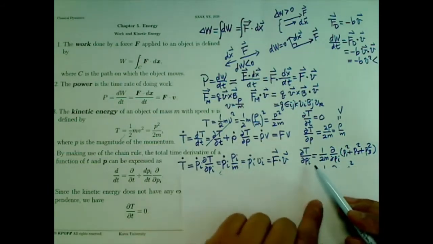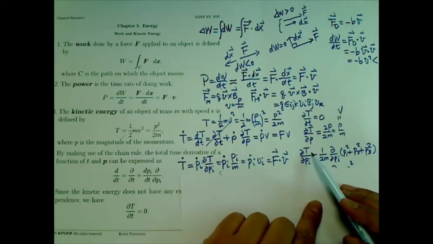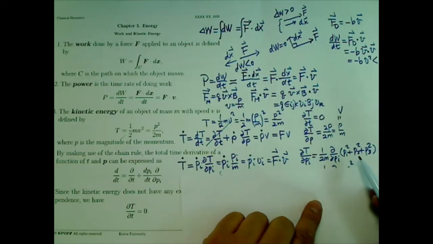As you know, the kinetic energy is 1 over 2m times (p1 squared plus p2 squared plus p3 squared). So this partial derivative picks up only the pi component among 1, 2, 3. Once i equals 1, it is 2p1. If i equals 2, then it should be 2p2.